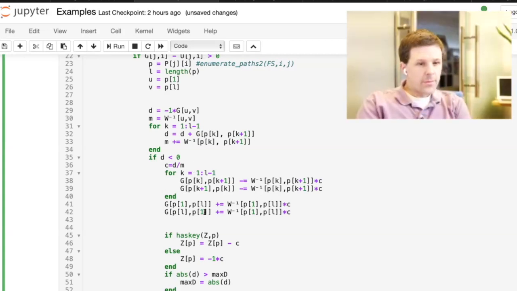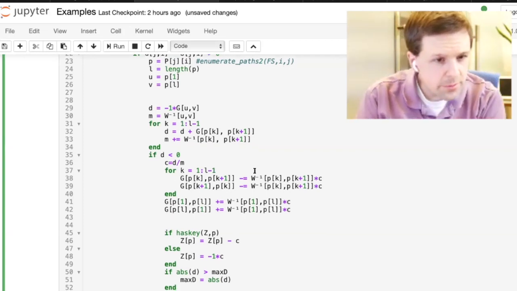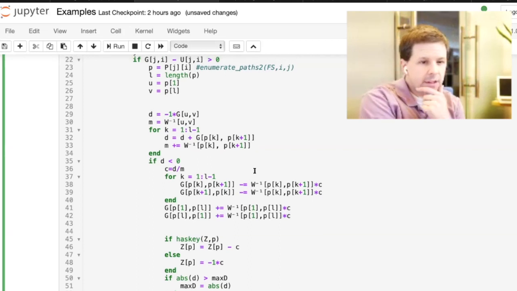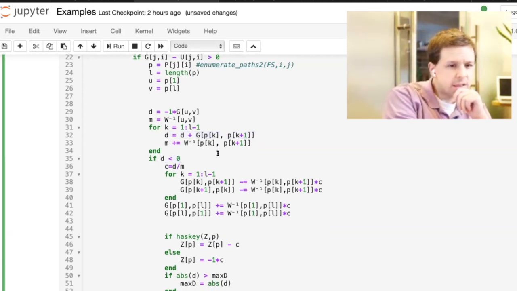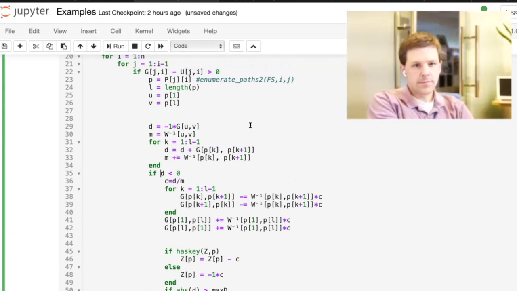That's the Bregman projection. Why doesn't that end? Sorry, you enumerate over the length of the path with K there, and then you compute something with M and D, and then what? So if D is small, what does D represent? So D is the violation of the constraint. So if it's negative, you violated the constraint.